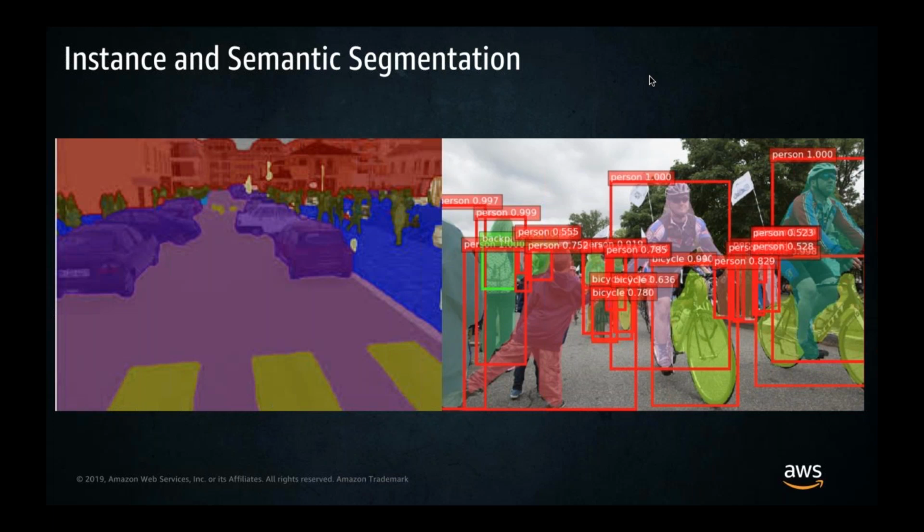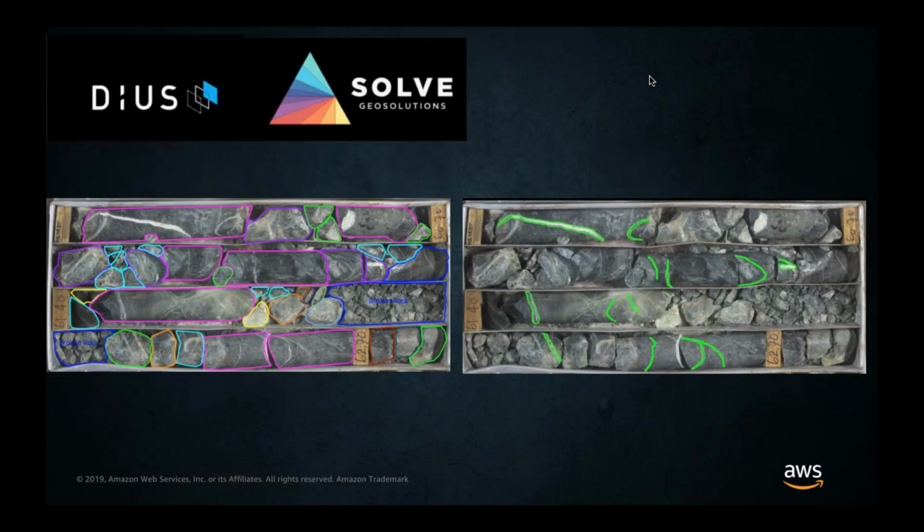So there's always a place for all these algorithms, depending on what you're trying to build and the problems you're trying to solve. Here's an example of one of our partners who applied semantic segmentation to geoscience. They segmented rock fragments for quality assessment and fault risks. And on the right, they segmented veins to assess precious metal mining opportunities.